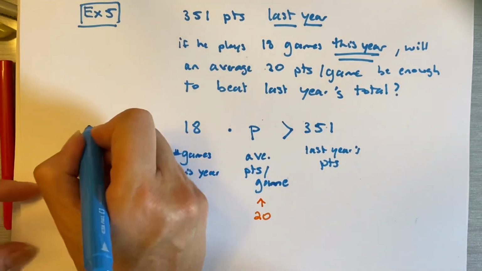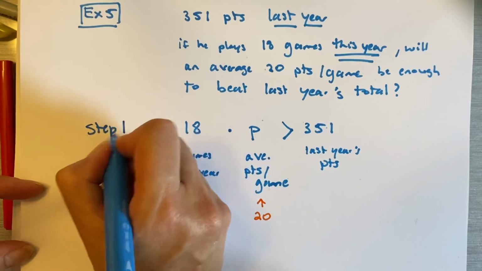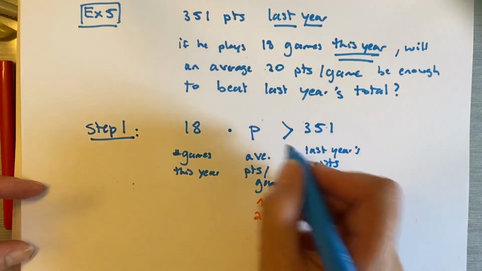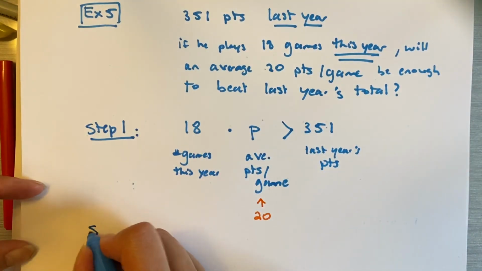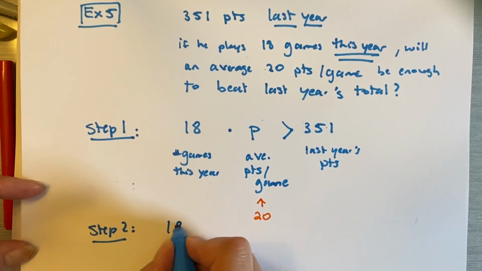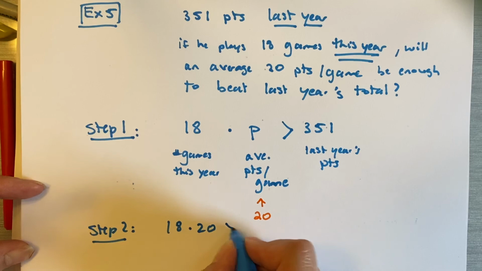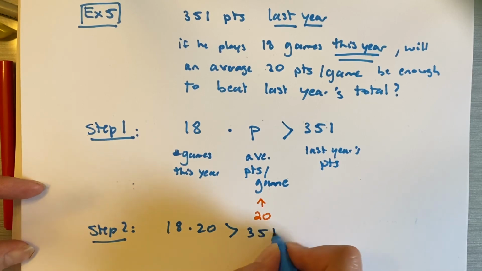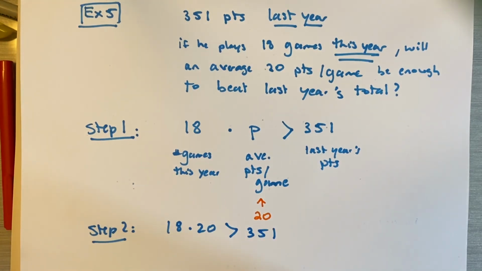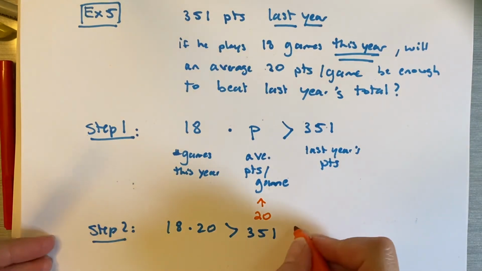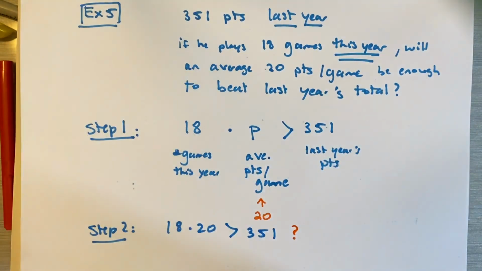So step 1 is setting up your equation or inequality, words and numbers. Step 2 is just try it. So is 18 times 20 greater than 351? Is 20 a solution? Does it make a true statement? We created a statement from the words.